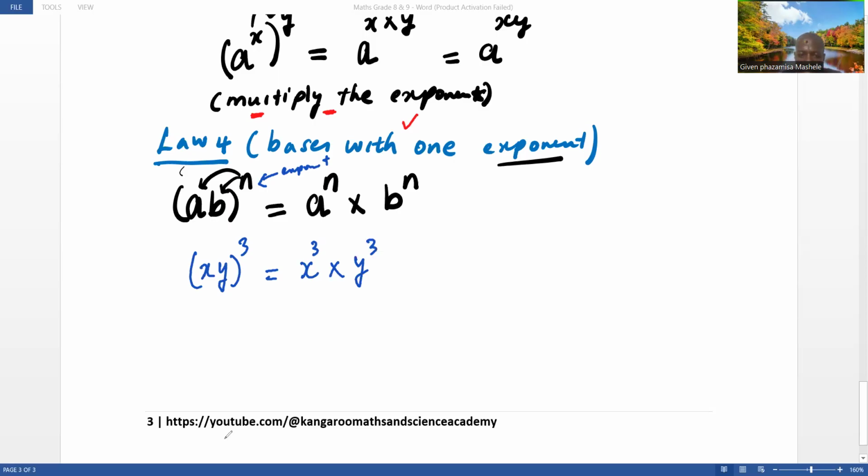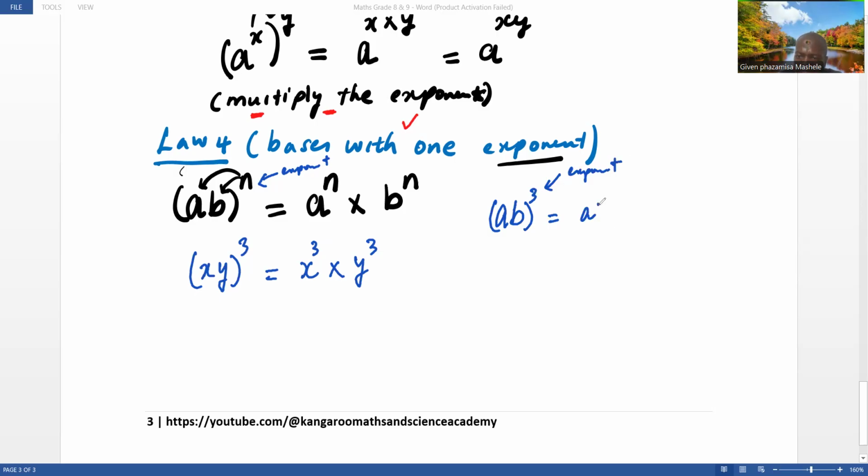Let's do an example and explain why they are saying this. Imagine we have (a times b) to the exponent of 3. What is our exponent here? Our exponent is 3, so we can repeat ab 3 times.